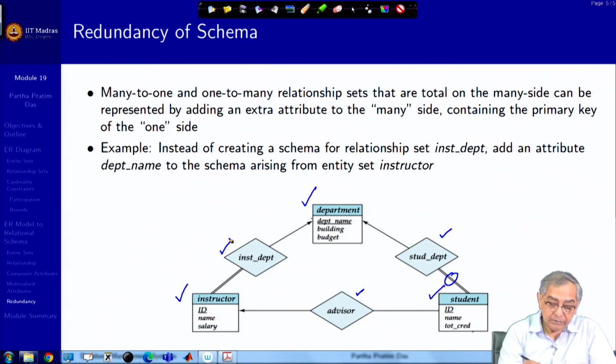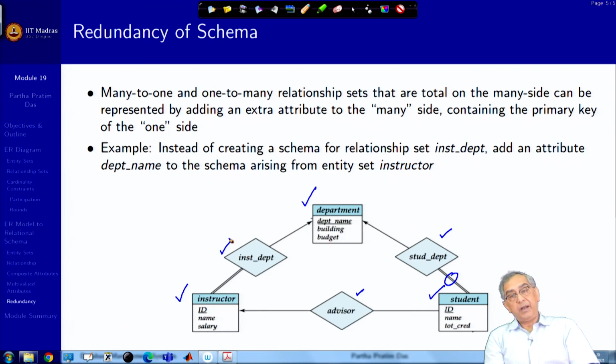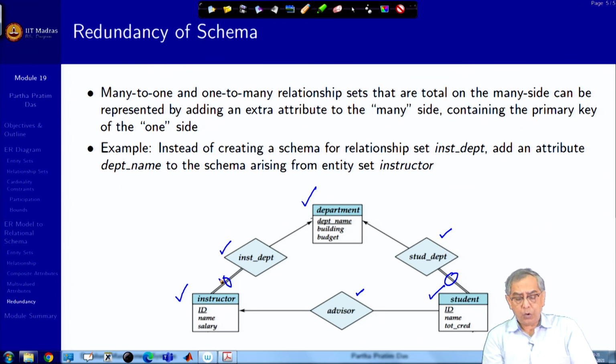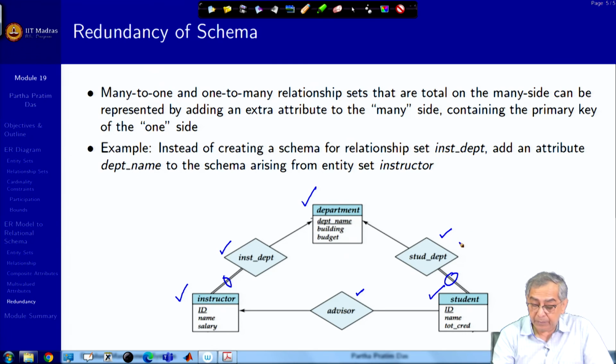Then the inst department is a similar relationship, but between the instructor and the department. Again, that is also total. So, what is the student dept relationship?